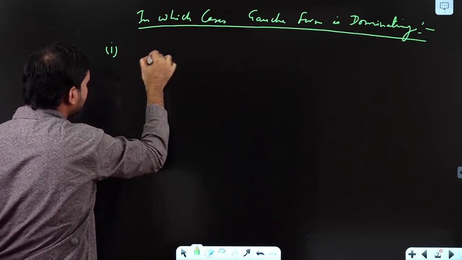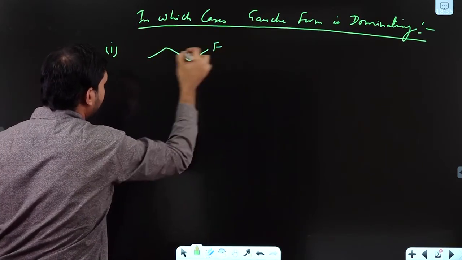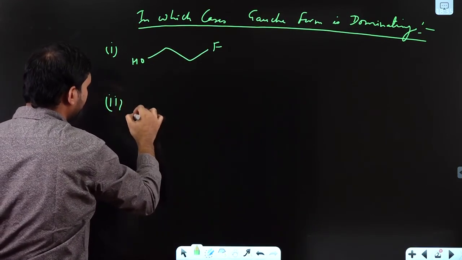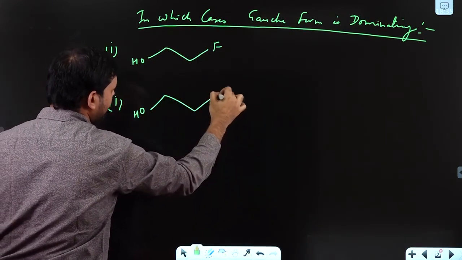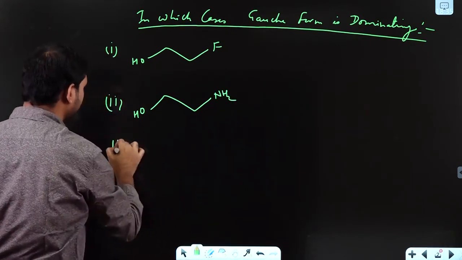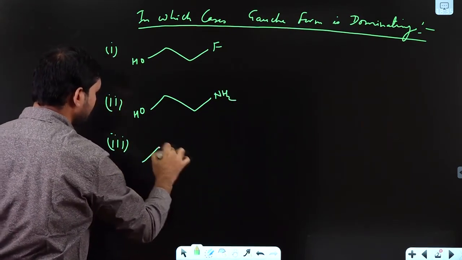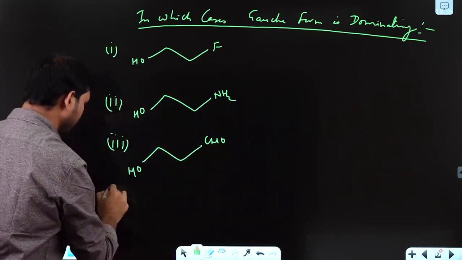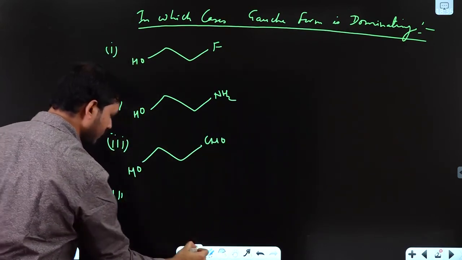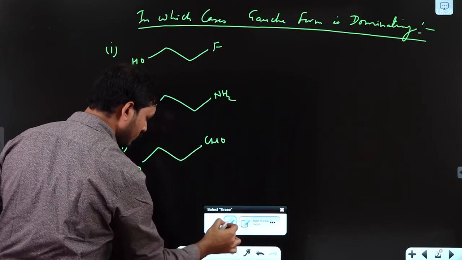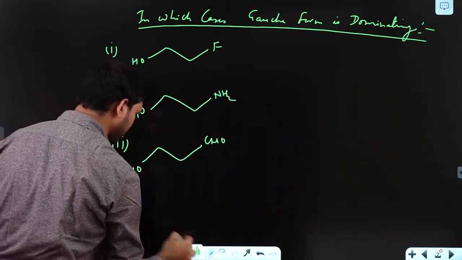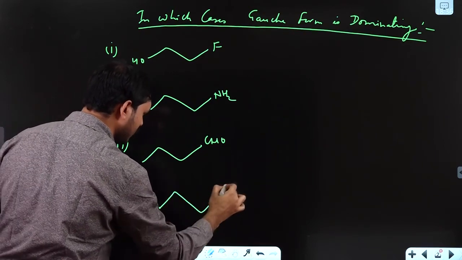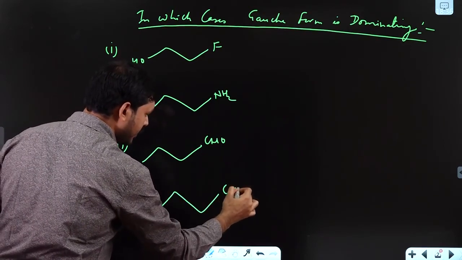First, fluorine, OH. Second, OH, NH2. Third, OH, and so on. Fourth, this OH, COOH.